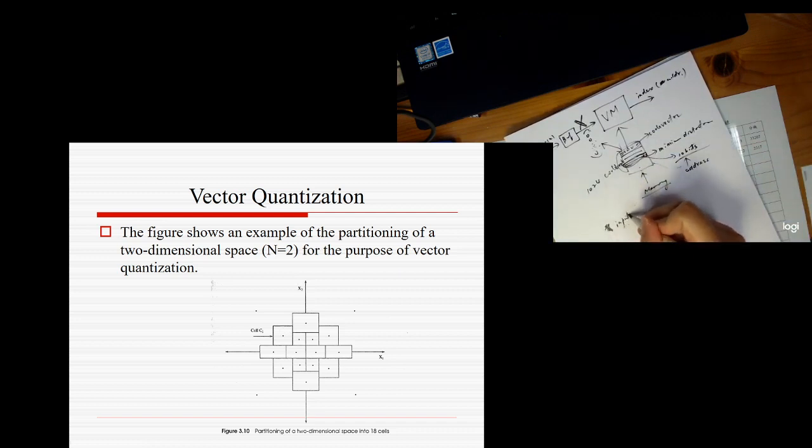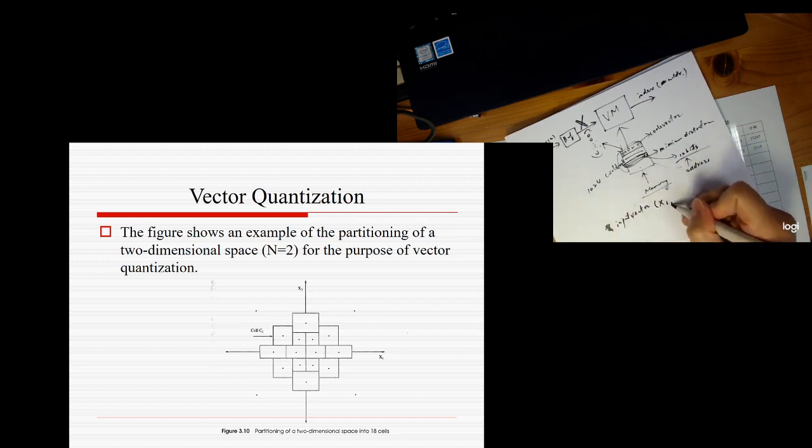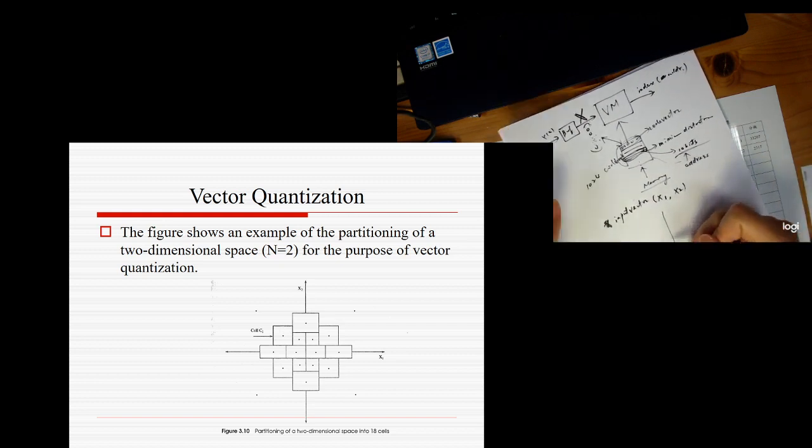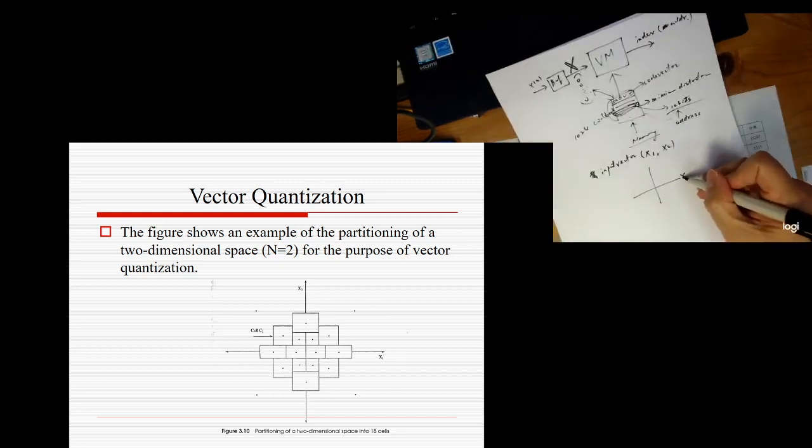Our input vector is S1, S2, and you can see they partition many clustering regions. In this region, the S1 coordinate and S2 coordinate value is the code vector.